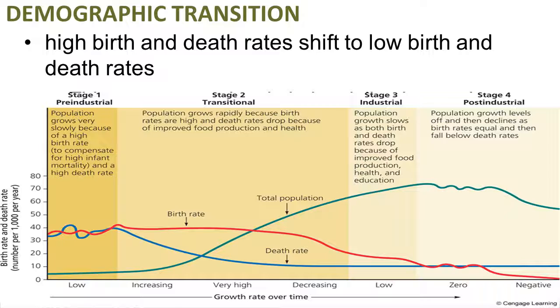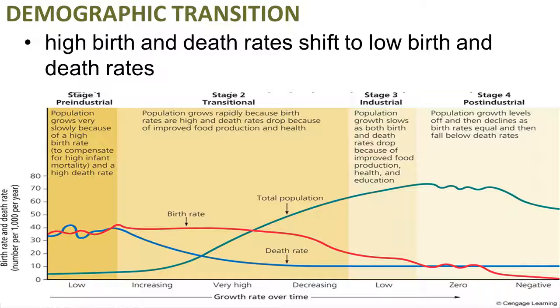Stage 3, the industrial stage, the population growth is going to start to slow down as both the birth rate and the death rate drop, mainly because there's improved food availability, better health care, education, and economic growth. As you can see with the red line on the graph, the birth rate has decreased. The blue line, the death rate, has stabilized, and total population growth doesn't have as steep a curve, but it is still going to continue to grow, just not as fast as previously.